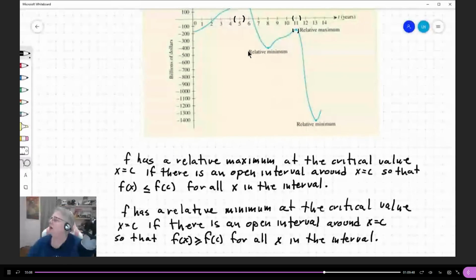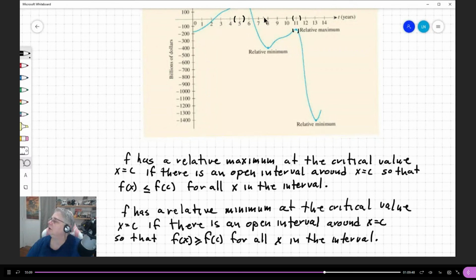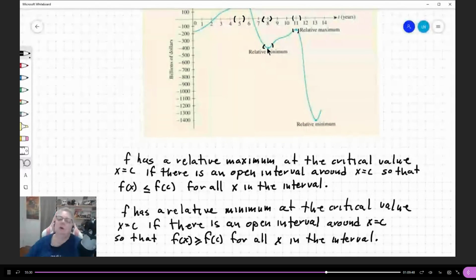Sorry, there's my minimum. Here we go, 8. So when I put that back on the function, 8 is our critical value. I can find an open interval around 8 such that for every value in that interval, f of those values are going to be greater than or equal to f of 8.